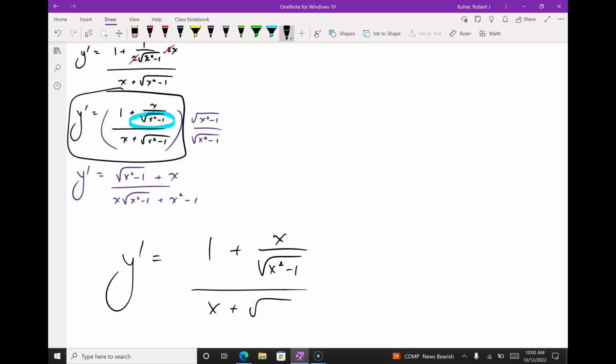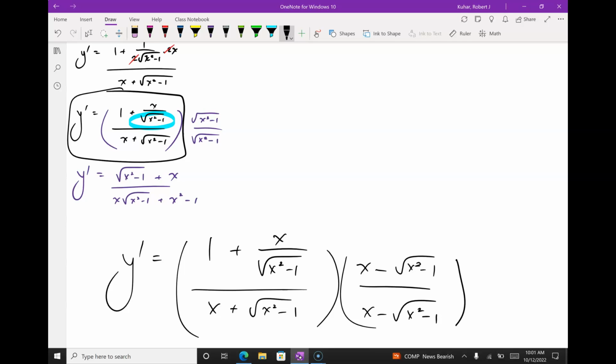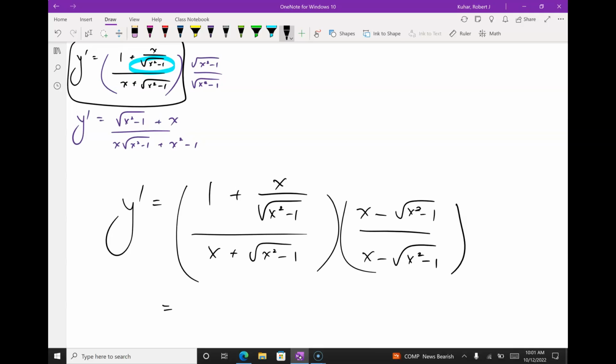But I'm going to try this conjugate downstairs in hopes of getting rid of that radical downstairs. Right? So I'm going to do x minus square root of x squared minus 1. I'm not going to touch the upstairs.